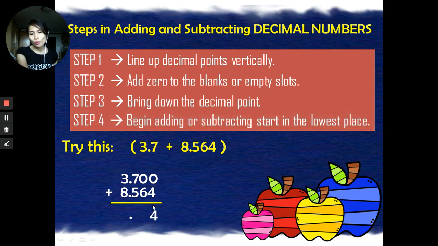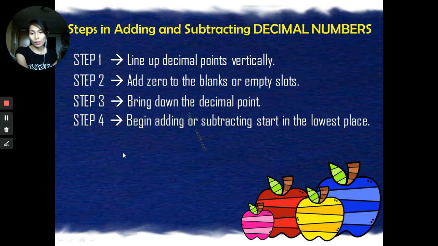So 0 plus 4 is 4, 0 plus 6 is 6, 7 plus 5 is 12. Now we cannot write 12 here. We'll just write 2 and then carry 1 above the next place. So 1 plus 3 is 4, 4 plus 8 is 12. So that's the answer. Is it right? Remember, if your answer is more than 10, you have to write only the ones place. The tens place should be carried up. Okay, let's try another one.